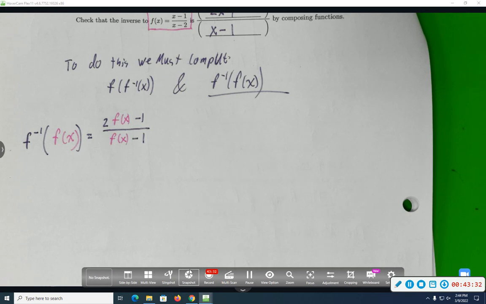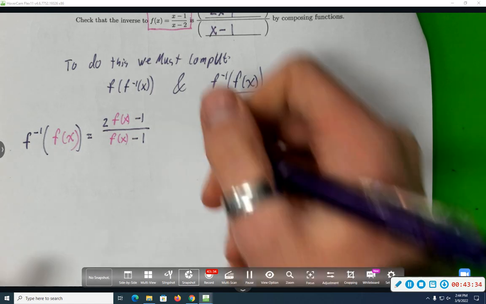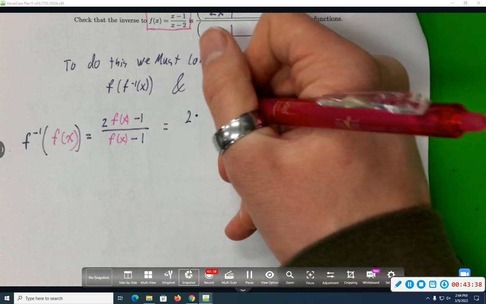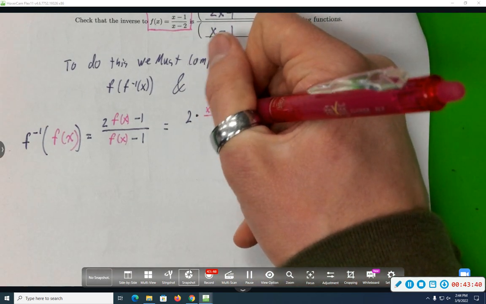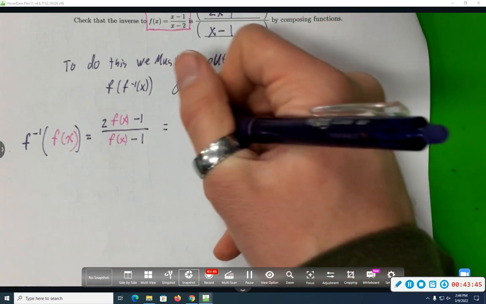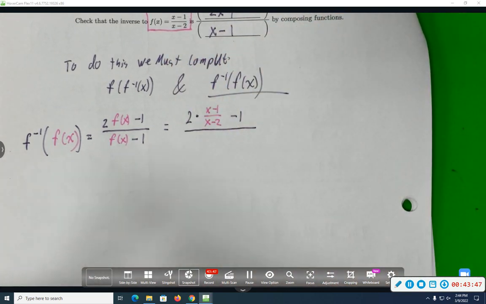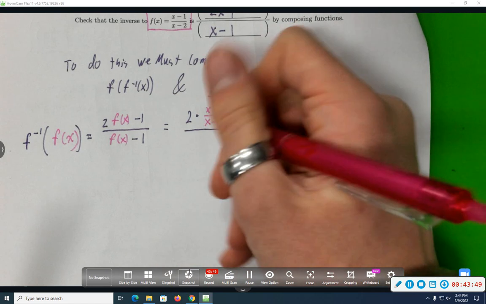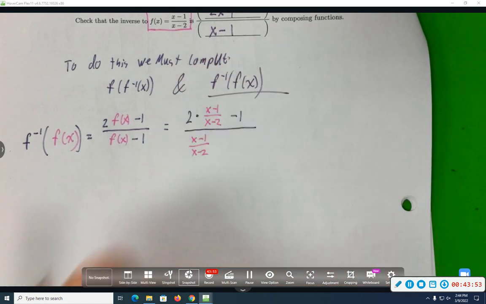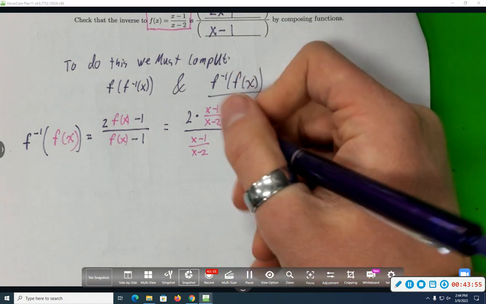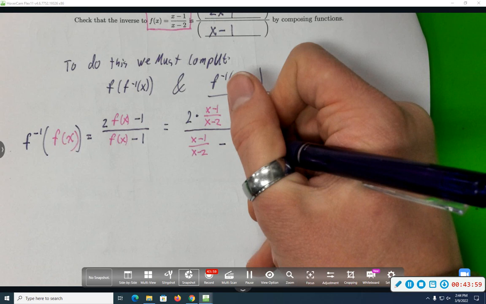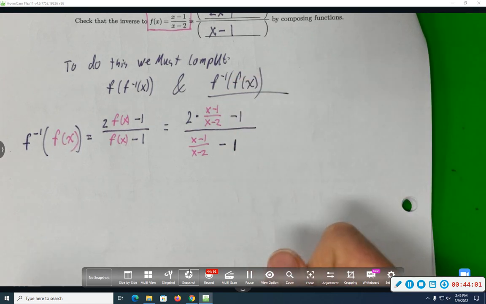Yeah, so now I'll plug that in. Equals 2 times x minus 1 over x minus 2 minus 1, all divided by x minus 1 over x minus 2 minus 1. Yeah, okay.